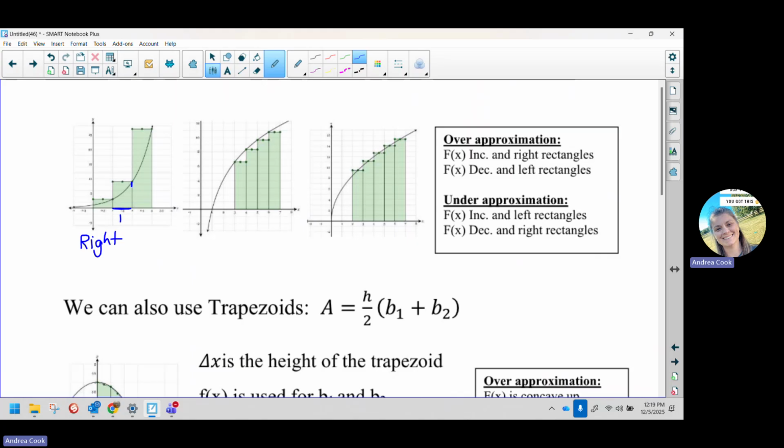And then the height of my rectangle is the value of the function at 2. Okay. What corner is touching that one? Left, so this is a picture of left rectangles. And the last one is the middle of the rectangle, so this is the midpoint.